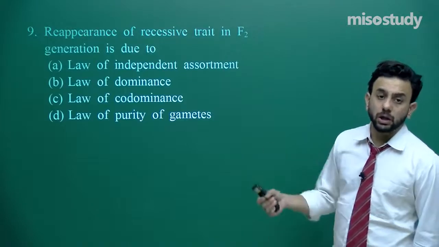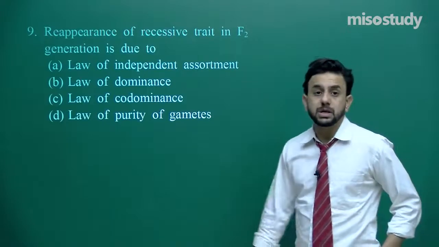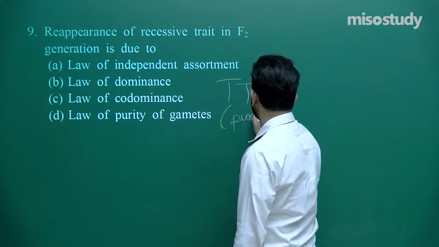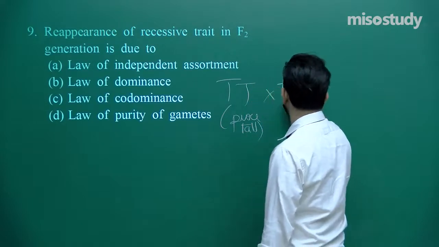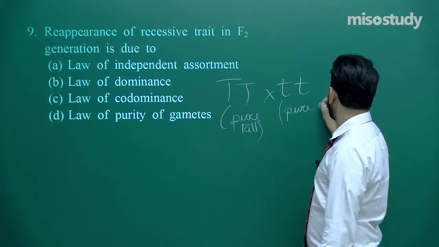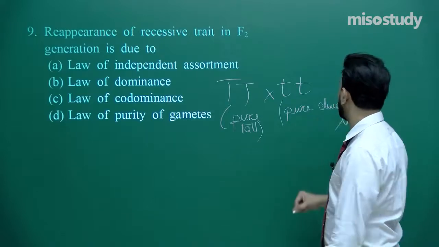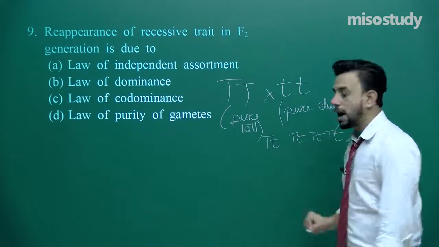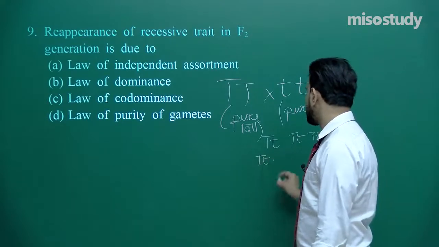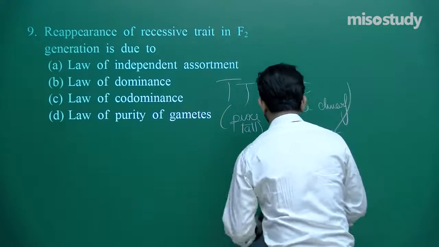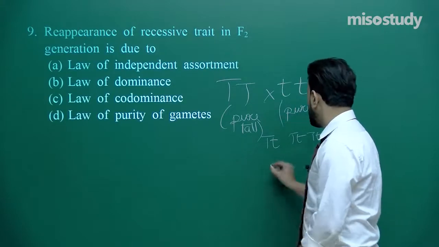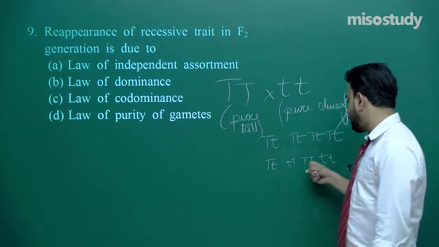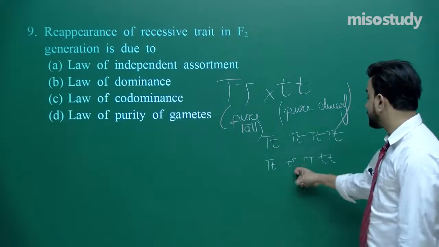When we talked about the crossing between the pure tall plant, that is homozygous dominant, capital TT, into small tt, pure dwarf, we obtained capital Tt four times, and on selfing what we obtained was capital TT, capital Tt, capital Tt, and small tt. The genotypic ratio is 1 is to 2 is to 1, and the phenotypic ratio is 3 is to 1.